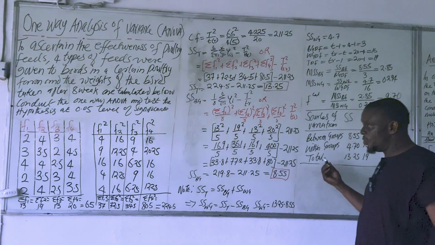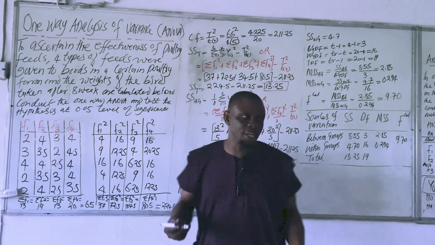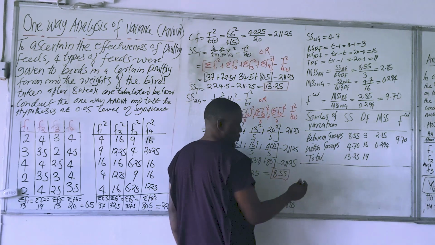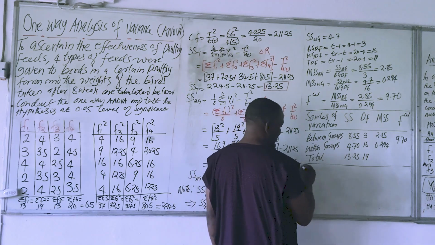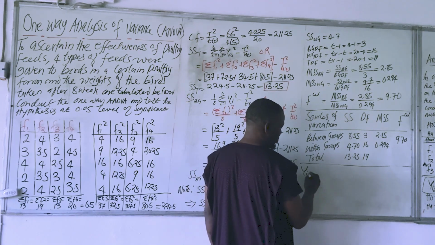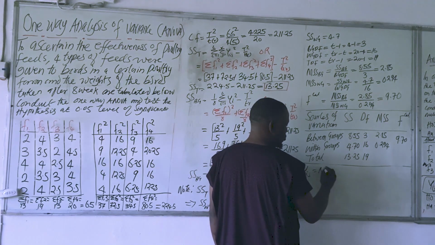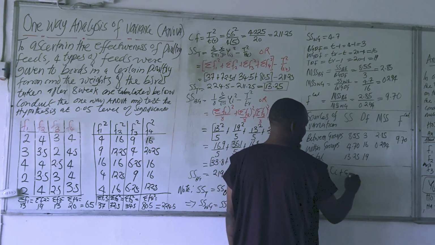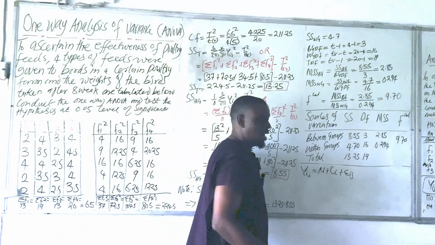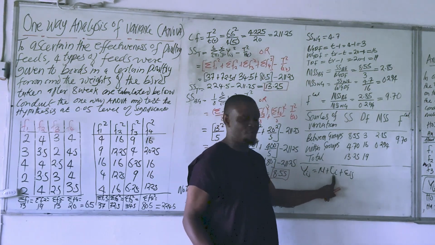So note that we initially told you that the model for the one-way analysis of variance is given as y sub ij is equal to mu plus tau i plus epsilon ij, and the tau i is our treatment effect.